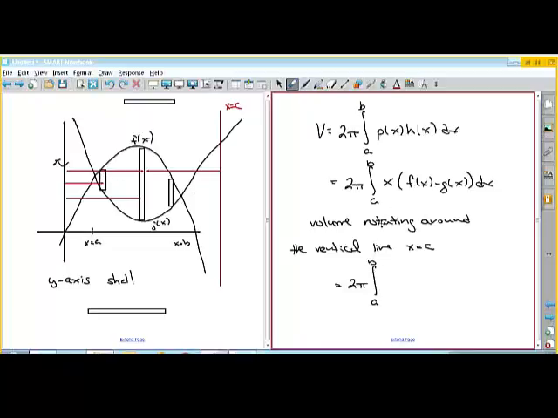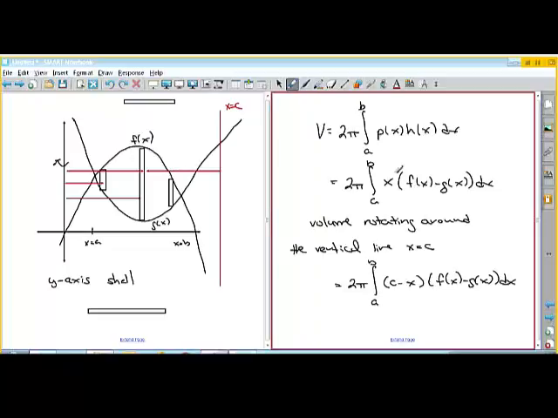It's still integrate from a to b because that's the limits of where the area is. But instead of x, it's going to be c minus x. And then you still have the same distance between the two ends of the rectangle. So that part stays the same. So if this were c equals 10, then it would be 10 minus x.